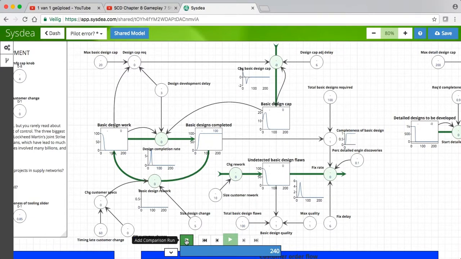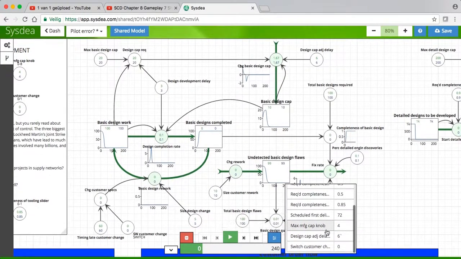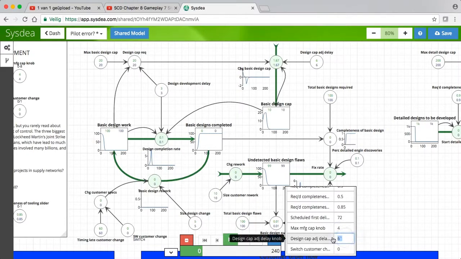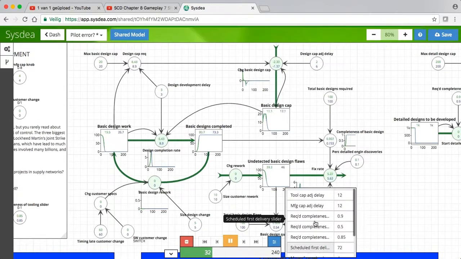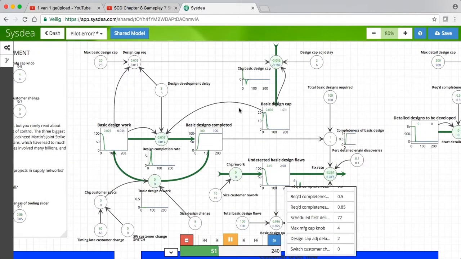Let's see what would happen if we would change the design capacity adjustment delay from 6 to 2 months. That would be a major change in how the business is run, but it is possible, at least in theory. We can see what would happen and what it would be worth.